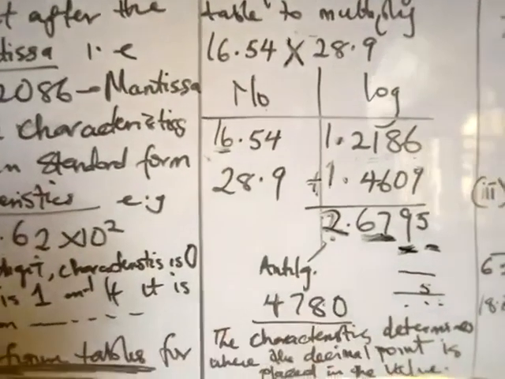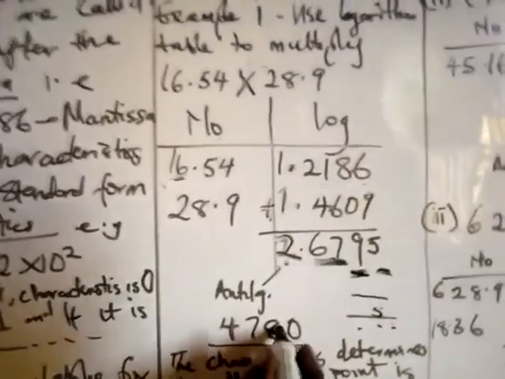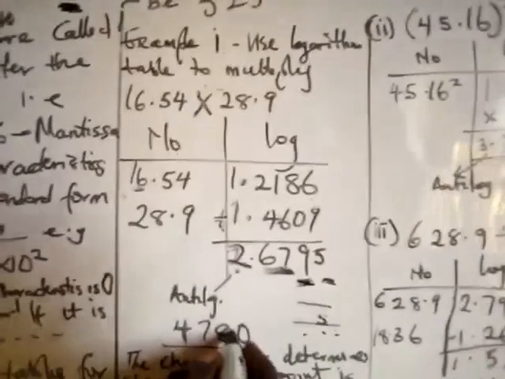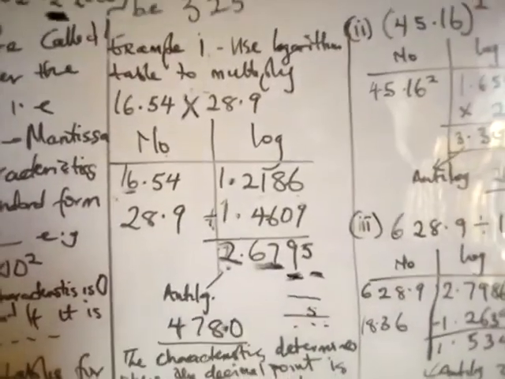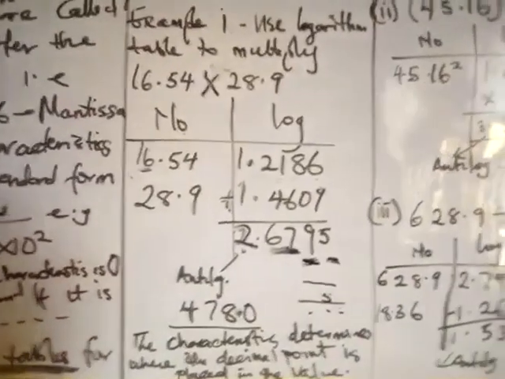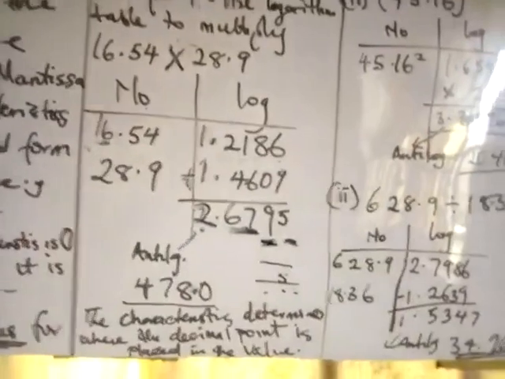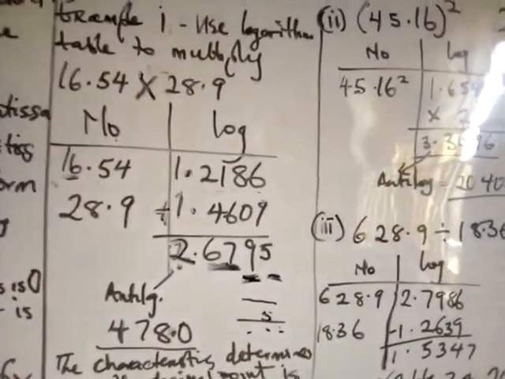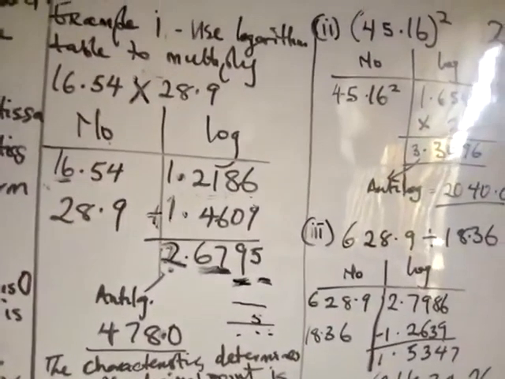Do you get it now? So this is just like saying 478.0 or 478. That's it. If you don't put the 0.0 there, there's no problem. Do you get it now?